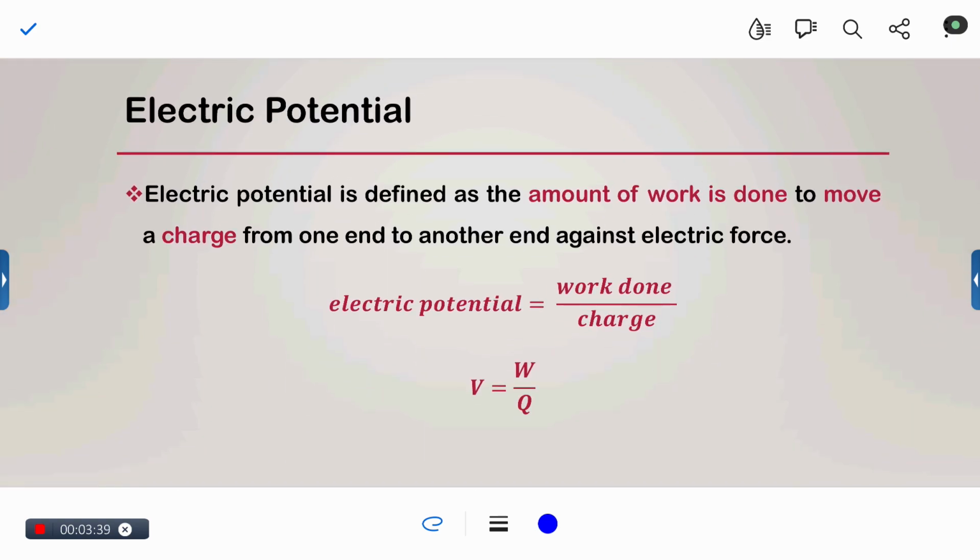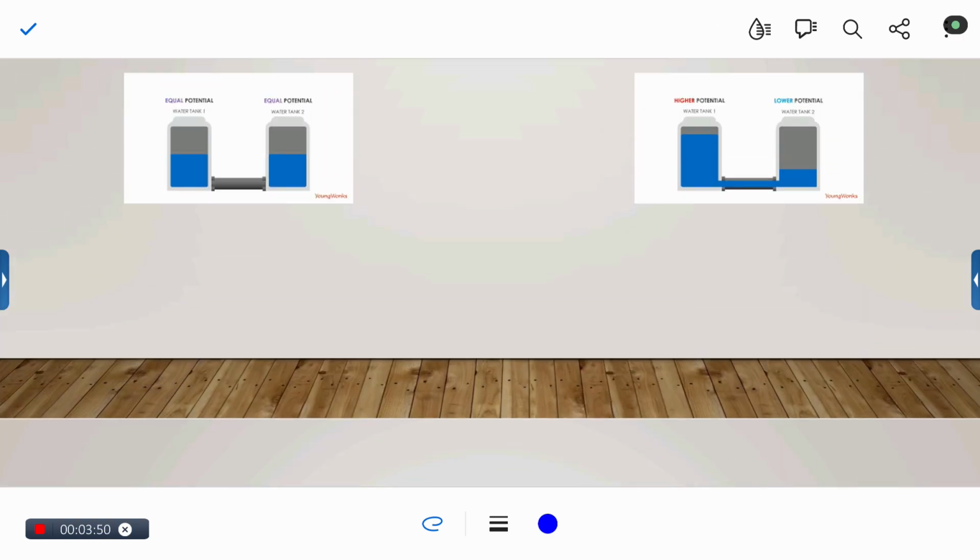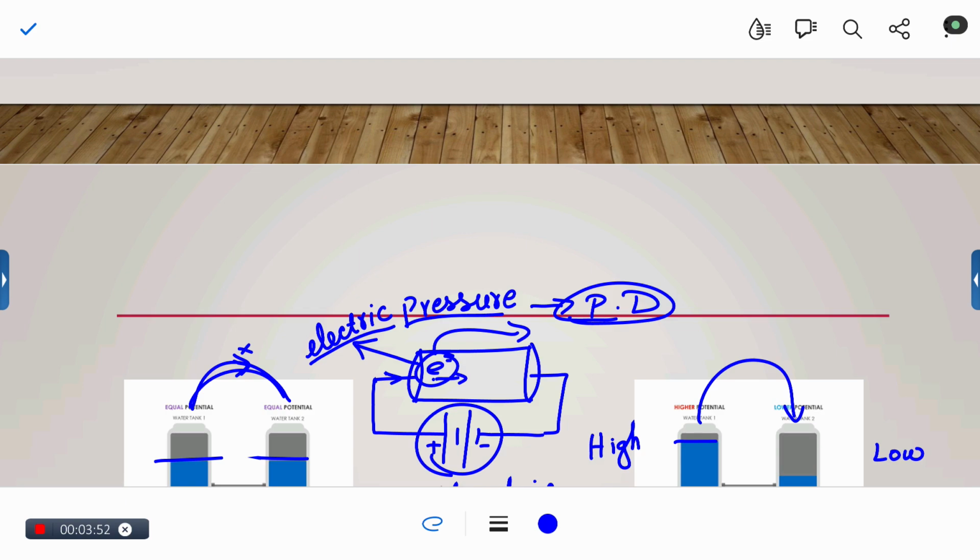So how are we going to define the electric potential? Electric potential is defined as the amount of work done. Why are we using the term work done here? As I said earlier, pressure. In lower classes we learned about pressure, which is nothing but a certain amount of force acting on a unit area.